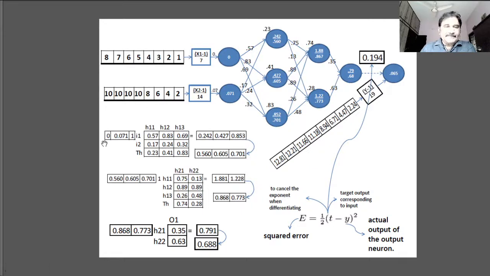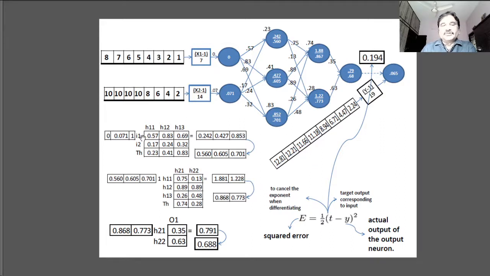This is indicating the values at the neurons which are inputting in the concerned layer, like 0 and 0.071. One value I'll be talking about soon. And this matrix is the weight matrix.